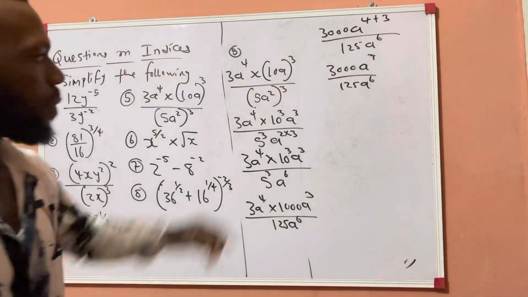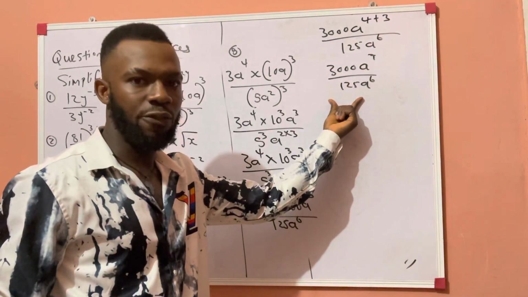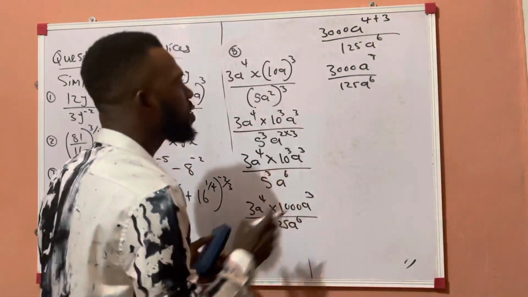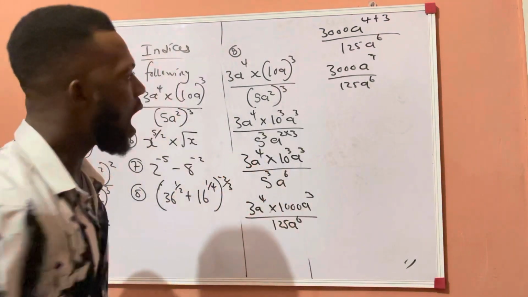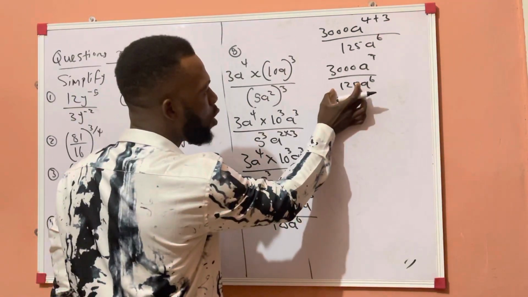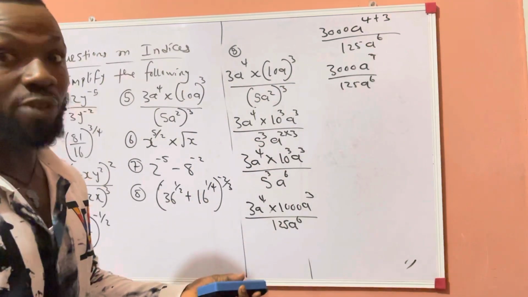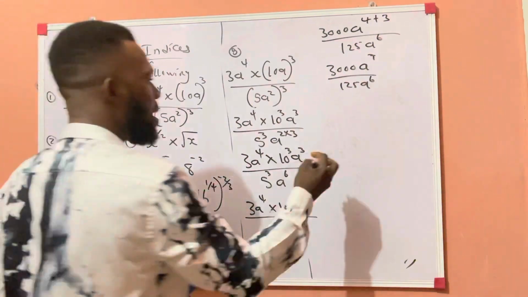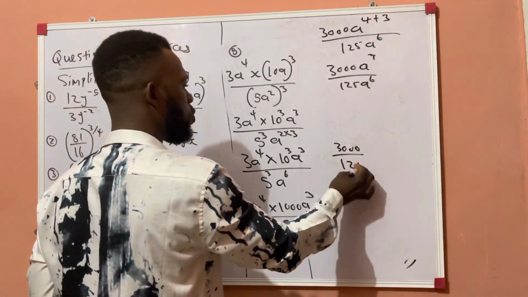Now without wasting time, this is a number here, 3000. This is another number here, 125. Now, how many times will 125 go into 3000? Let us try to break it down. Now imagine I have something like this, 3000 over 125.